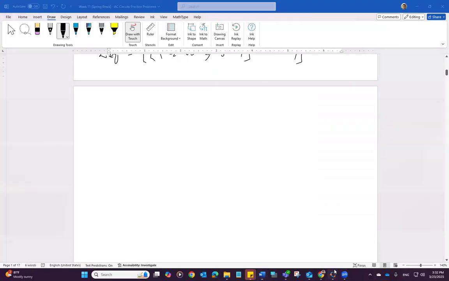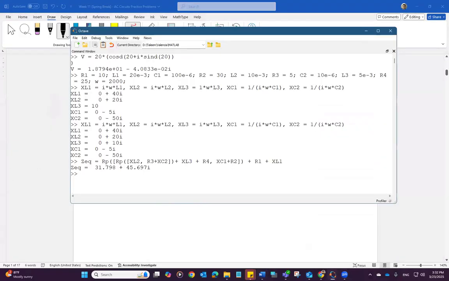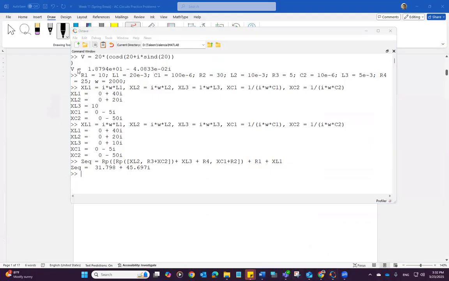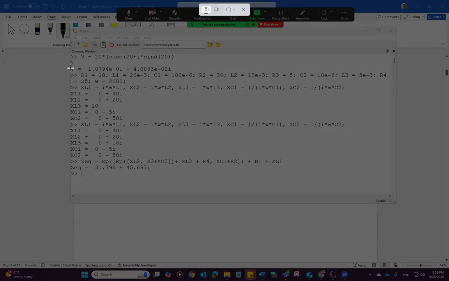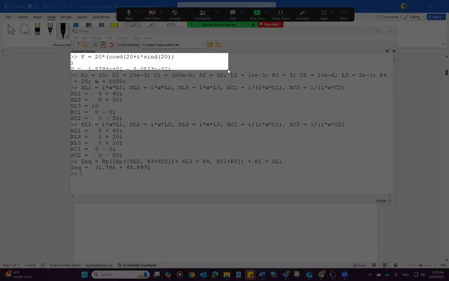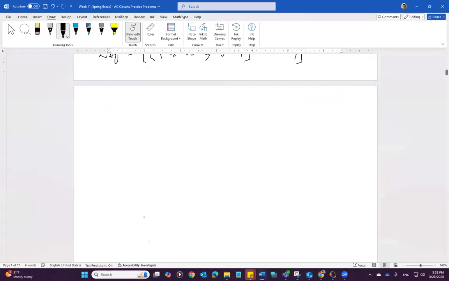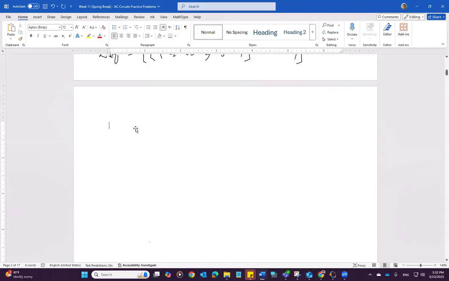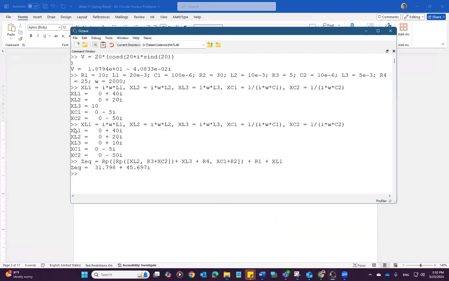What I'm going to do is copy this instead of writing it. I'm going to copy this part first, the voltage, and then copy from right here, since I fixed it.